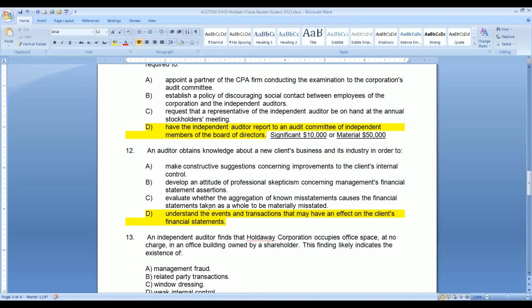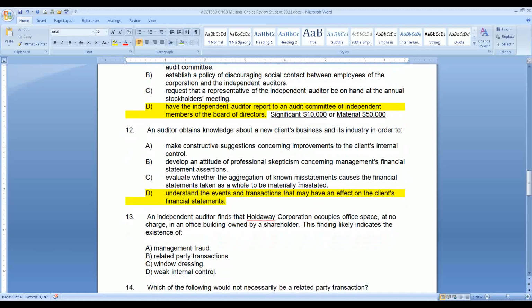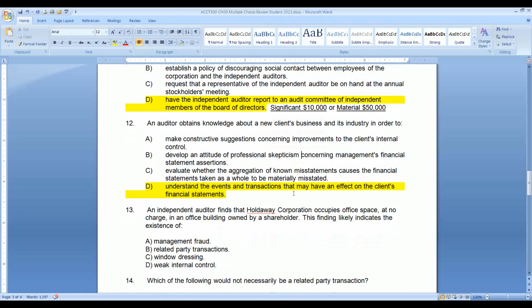You should develop a professional skepticism about management that is required. It's something you need to do. It just doesn't answer the question. And by the way, CPA questions are like that. A lot of times they'll have answers that are true, but that don't relate to the question. Kind of a mean thing to do.